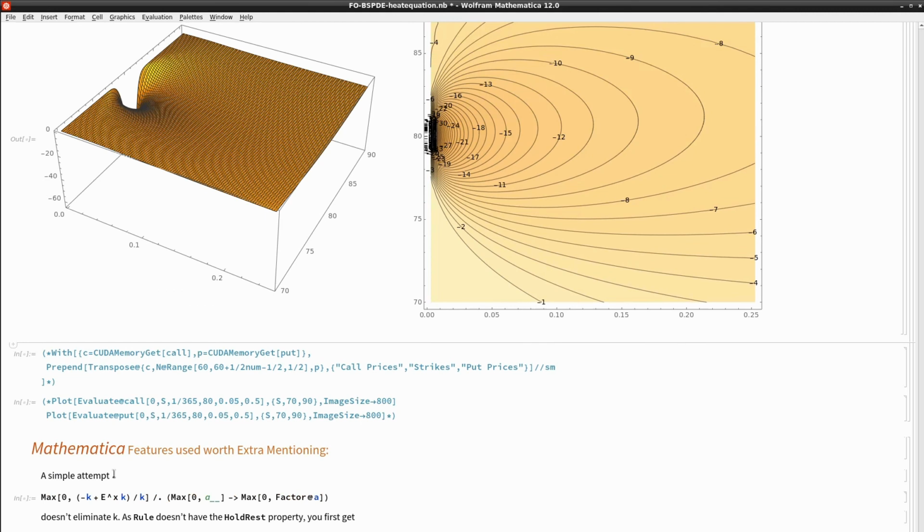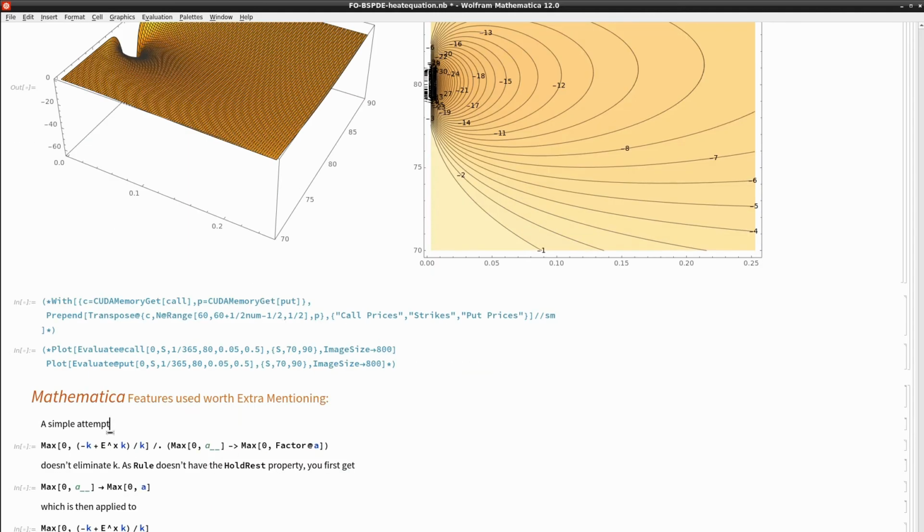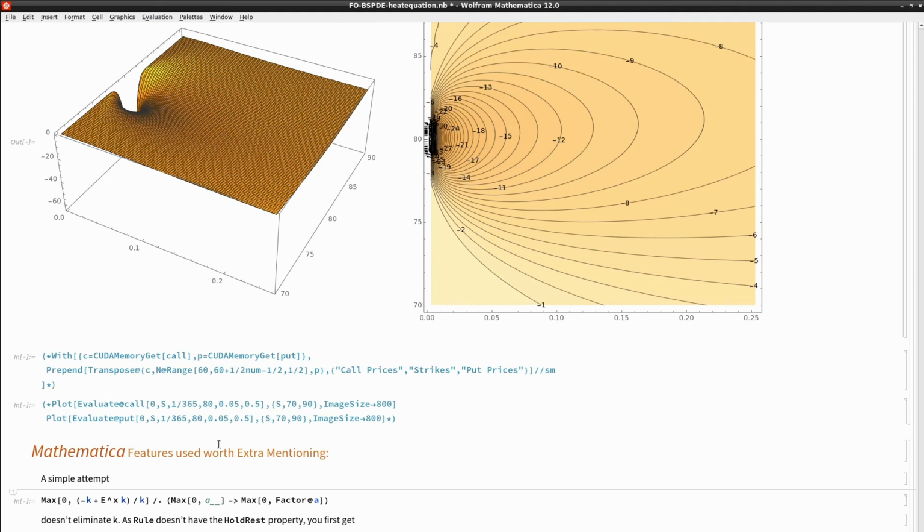Okay, so I come to the end of my session, and at the end I want to explain a couple of features that I used that are probably worth an extra mentioning. So let's look at the max of 0 and another expression again. We needed that in order to transform our terminal conditions.